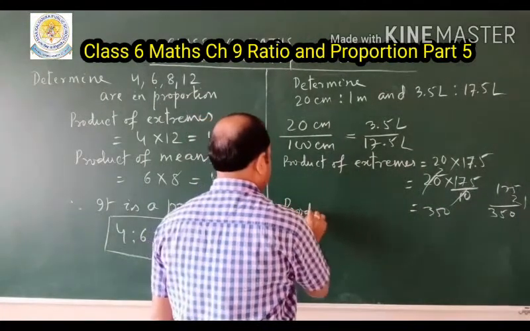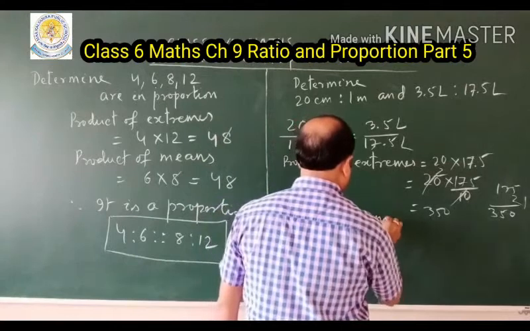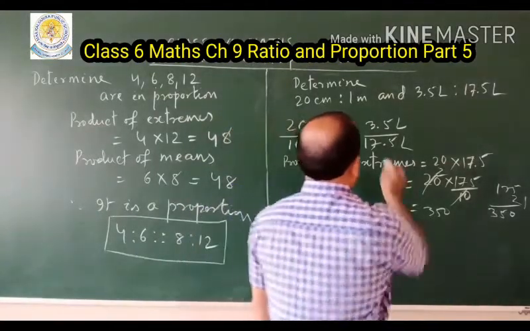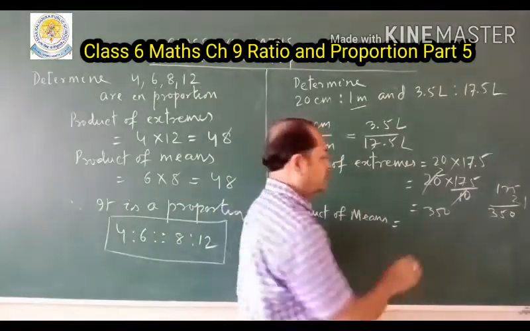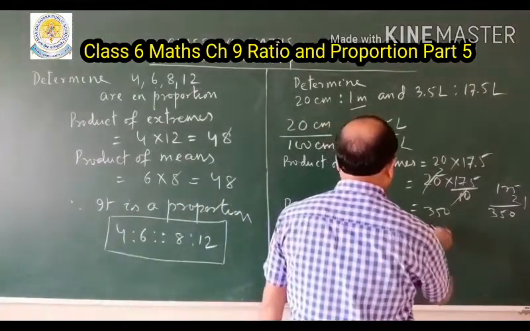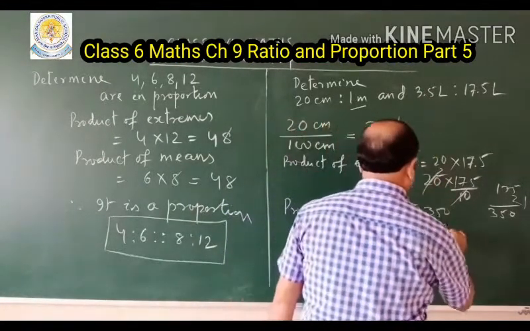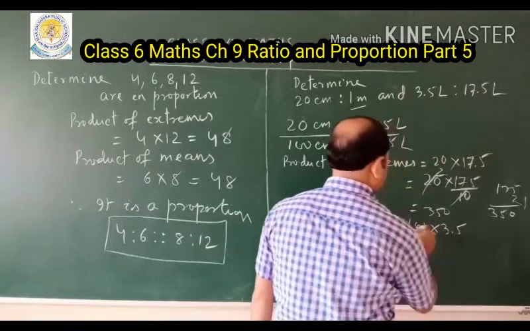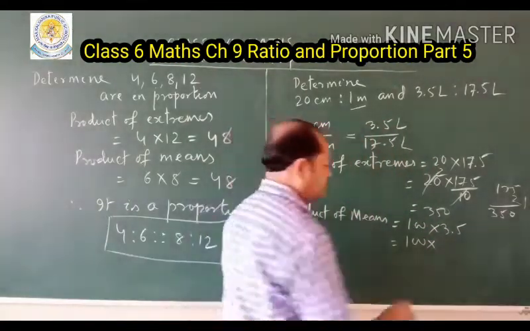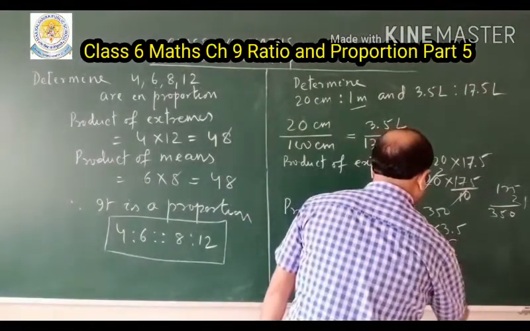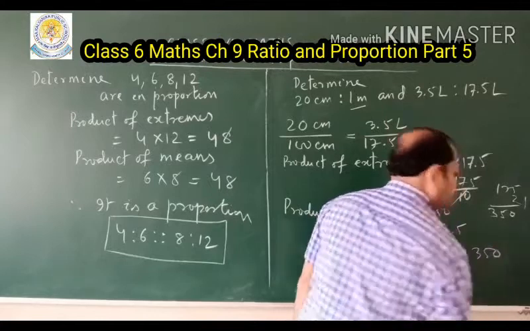Let's multiply the means. Product of means equal to, here we have converted 1 meter to 100 centimeter. So 100 into 3.5 liter. 100 into 3.5, in fraction 35 upon 10, and what we got here? 350.